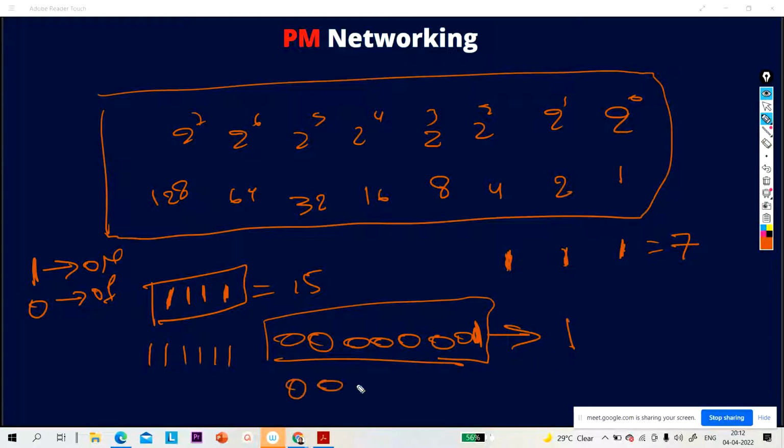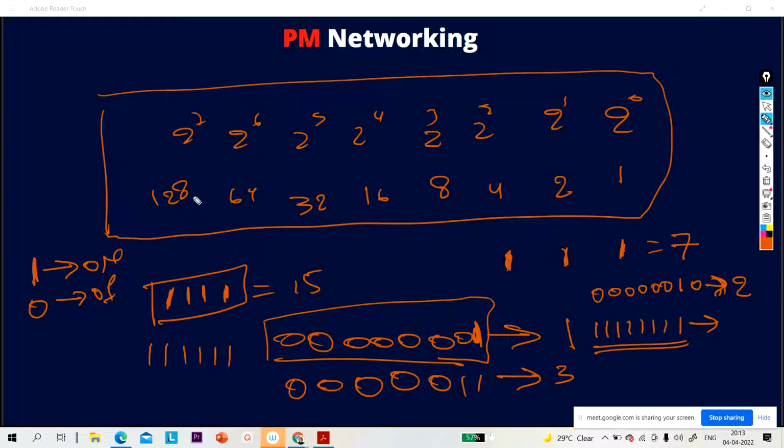What will be the decimal value of this number? 3. What will be the decimal value of this number? 2, right? What will be the decimal number of this binary number?